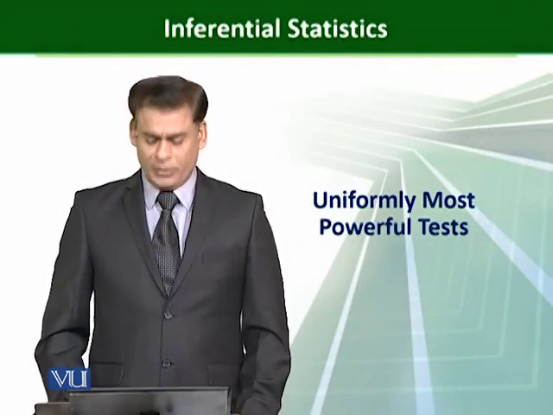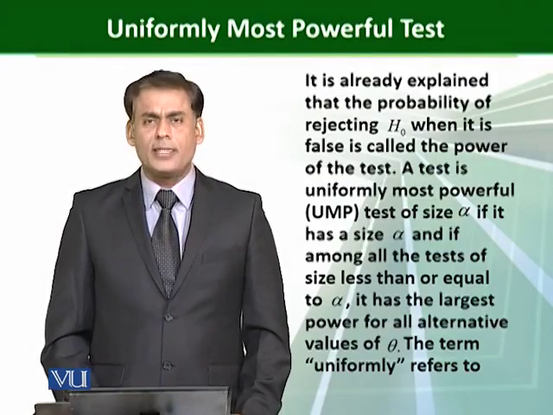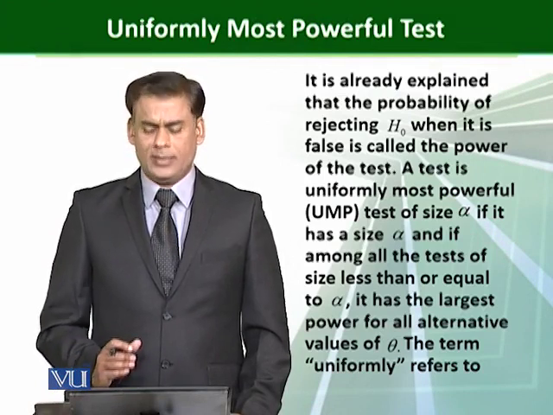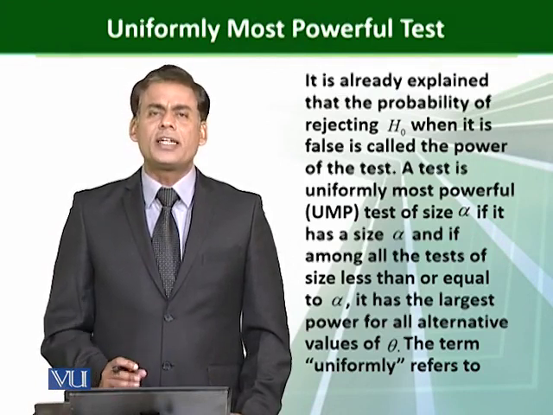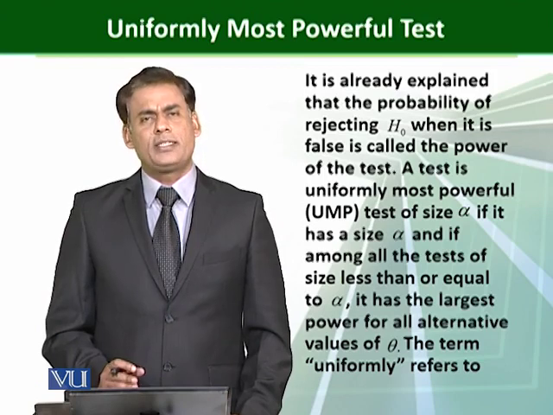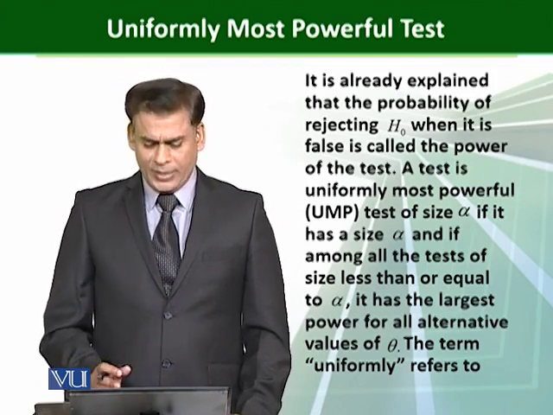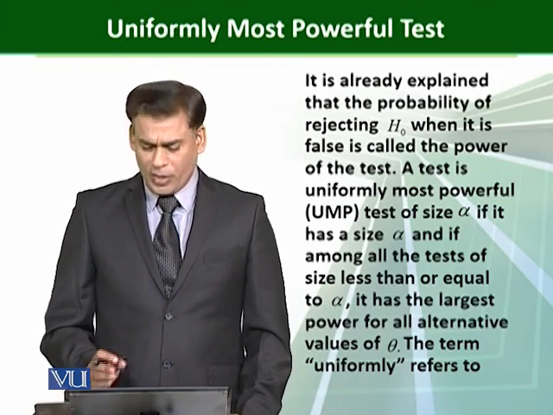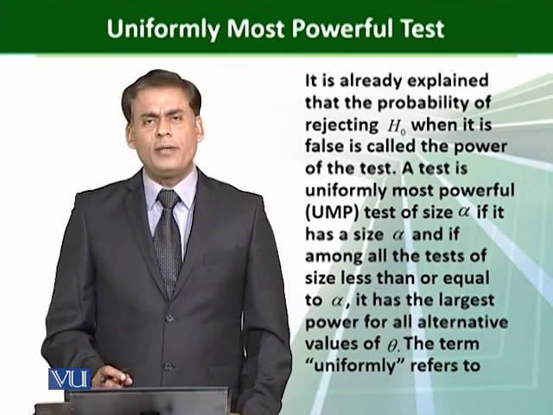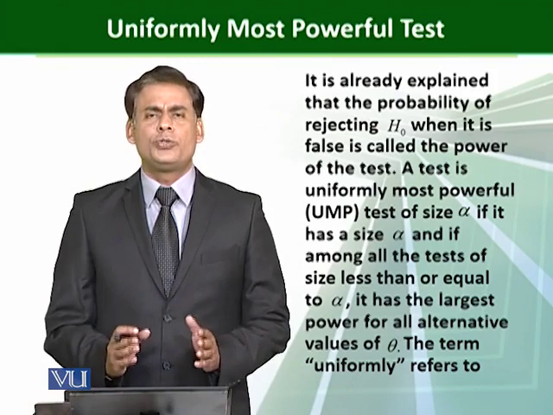Uniformly most powerful tests. It is already explained that the probability of rejecting the null hypothesis when it is really false is known as the power of the test. So a test is a uniformly most powerful test of size alpha if it has two properties.